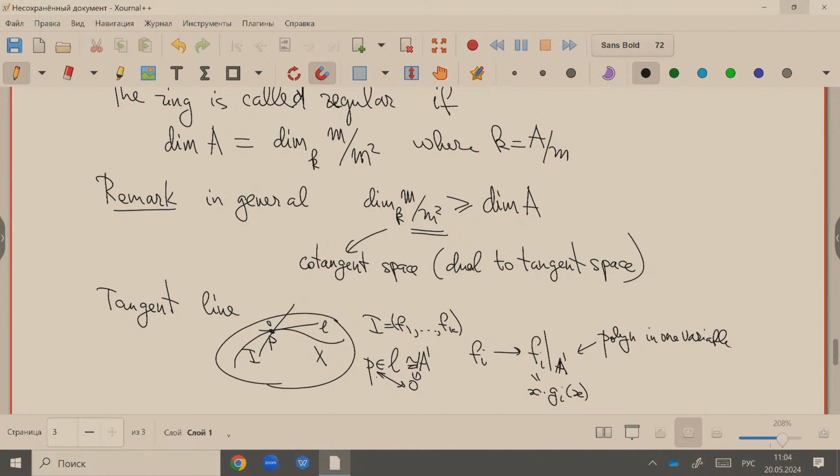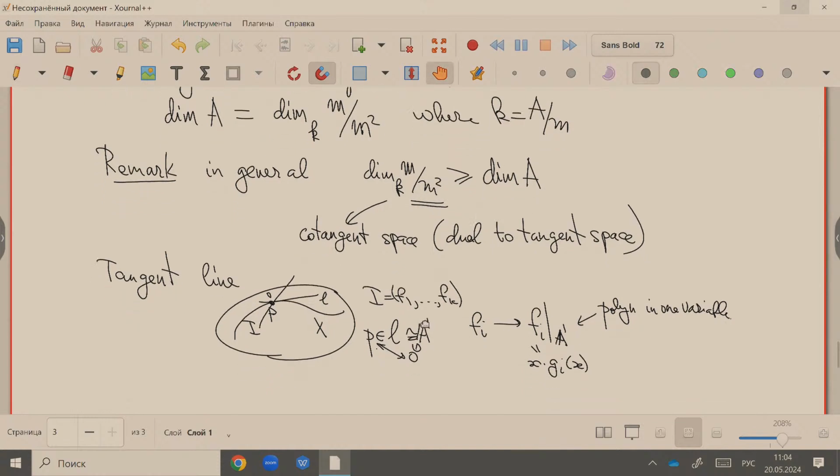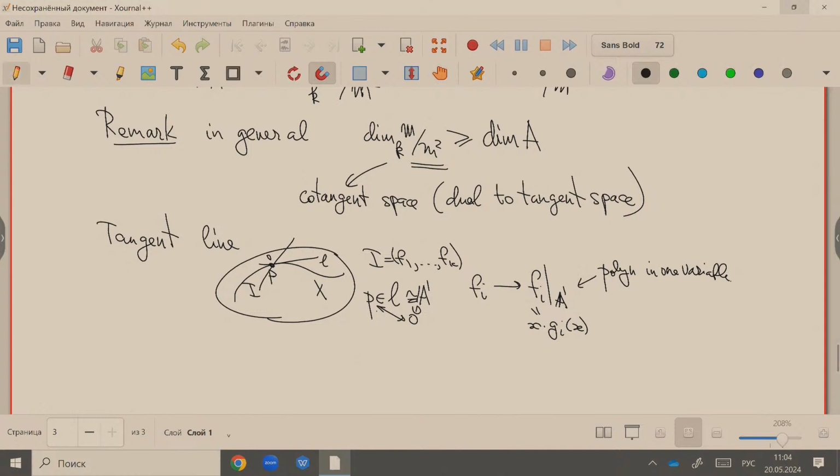So you may ask whether the line L is tangent. If you take this ideal restricted to the line, it contains the ideal generated by x squared.